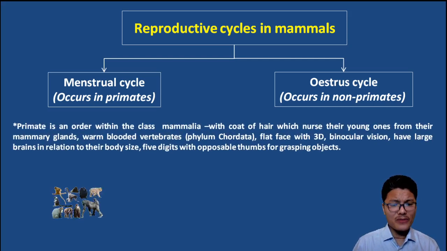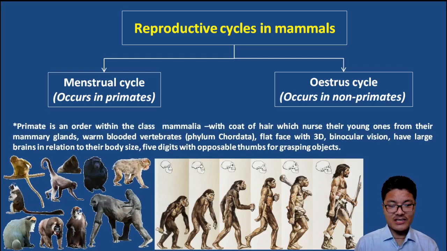Now, what are primates? You can see the pictures here. Primates are animals similar to us, similar to monkeys or apes. Primates usually have mammary glands in the female.